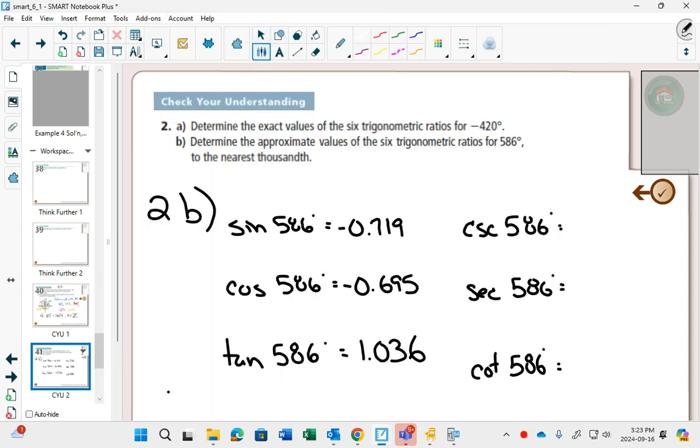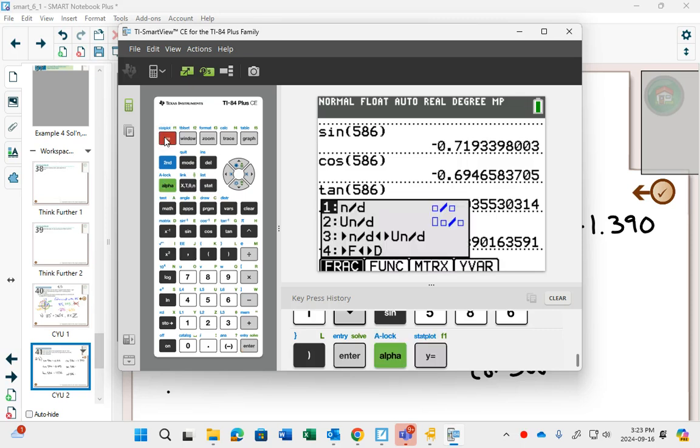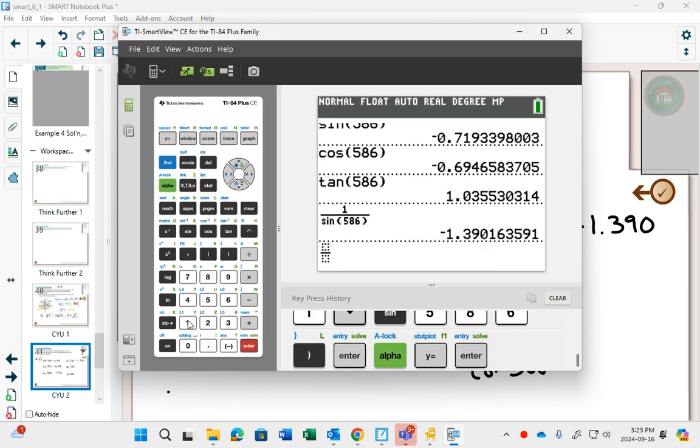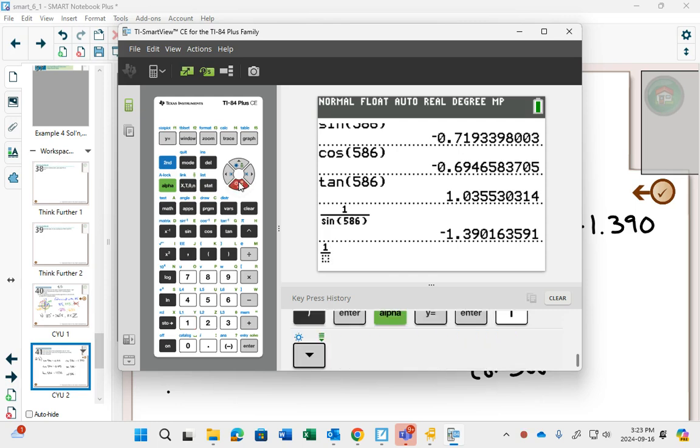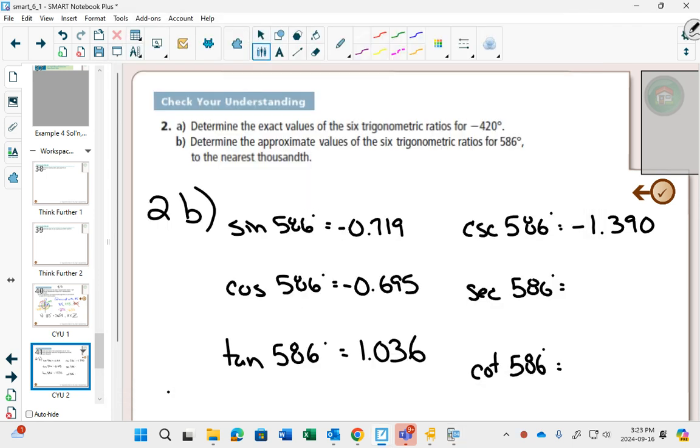Oh, I like this answer because you do have to write the 0 in to round correctly. Same thing, 1 divided by cos of 586. Ooh, look at this rounding one. Negative 1.440. Really good rounding practice.